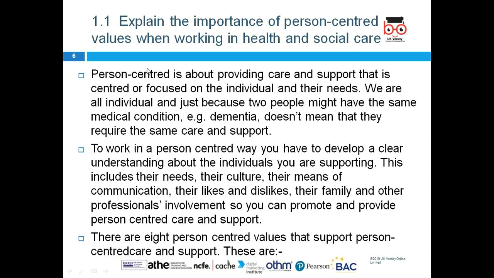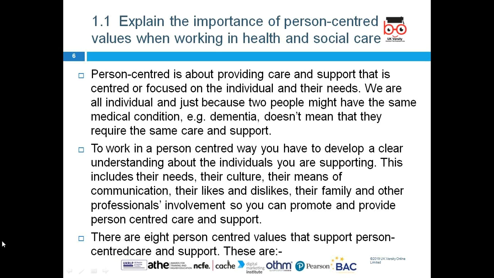Yeah, fantastic. So we're going to go into 1.1, which is explain the importance of person-centered values when working in health and social care. This is a few slides on 1.1, and a lot of the terminology used in here will be used to answer your questions when you get your assignment. So I'll point those out once we get to them.